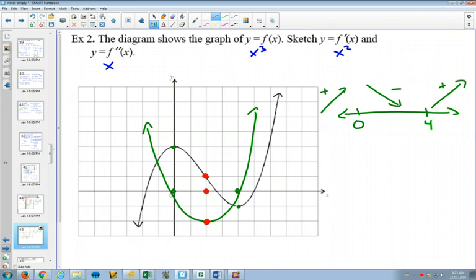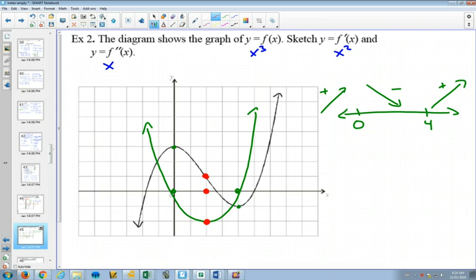Okay, I'll say that again. Your second derivative is just the first derivative away from your first derivative. And so if it's just the first derivative of your first derivative, that same idea, wherever I have, so here the green graph is my first derivative, so wherever I have a local minimum of my first derivative, I would have an x-intercept of my second derivative.